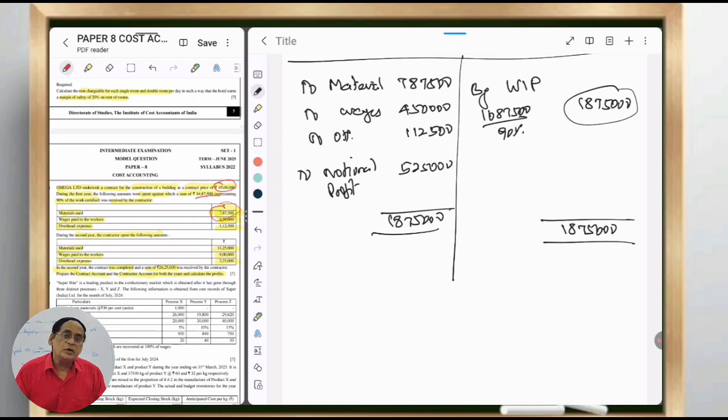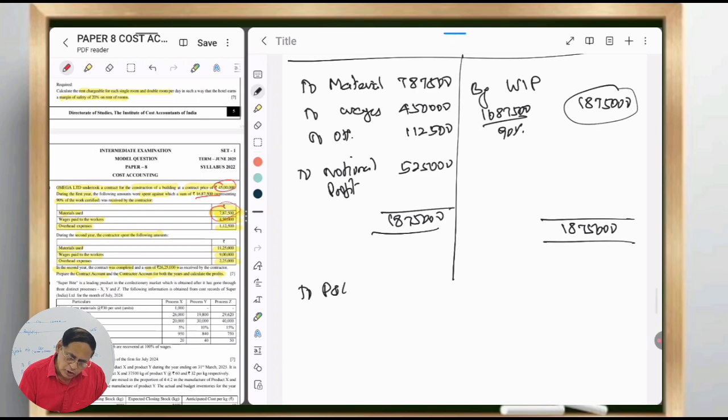If it is between 25 to 50%, then one third of the notional profit must be charged to the profit and loss account. So one third to P&L account, we have to charge one third of notional profit. How much cash received?